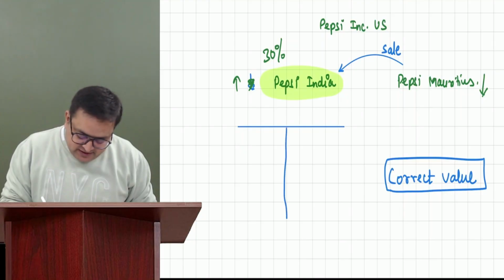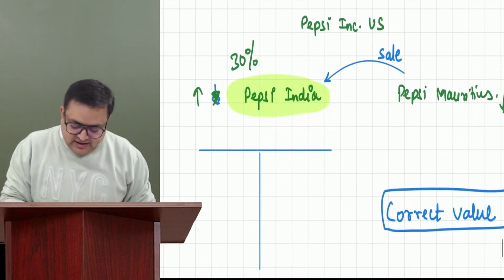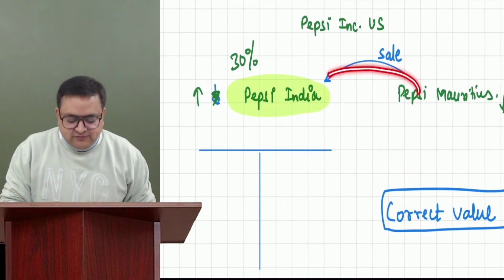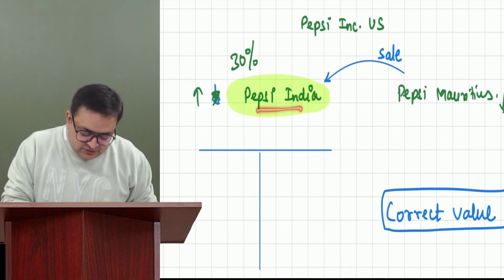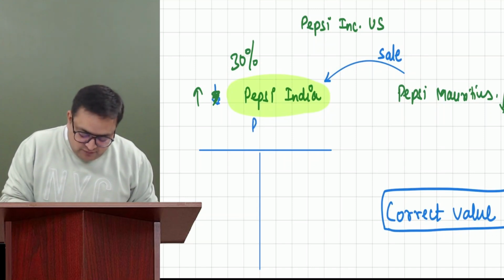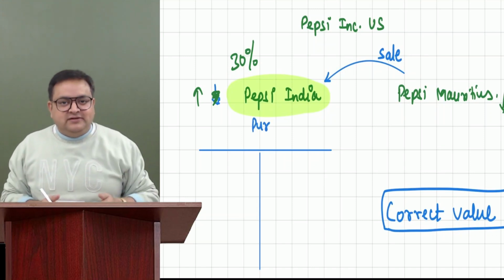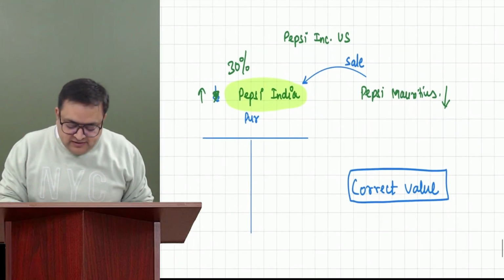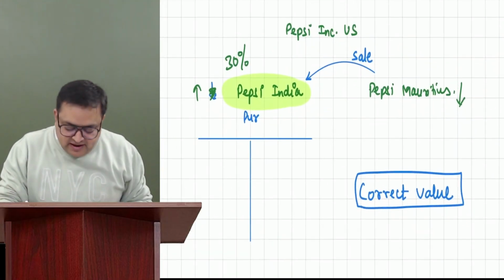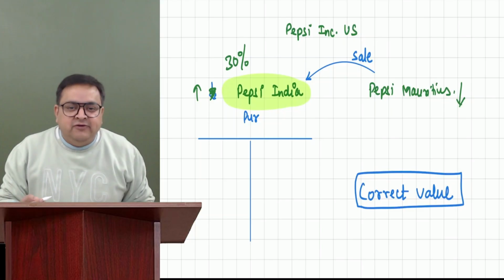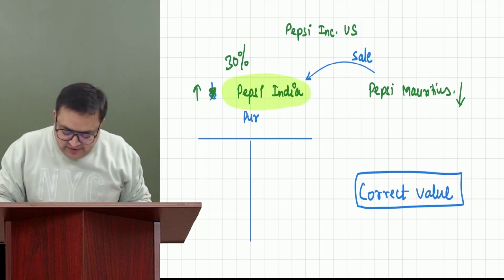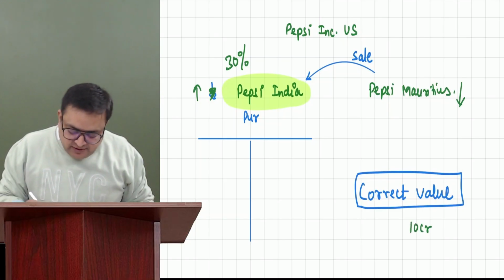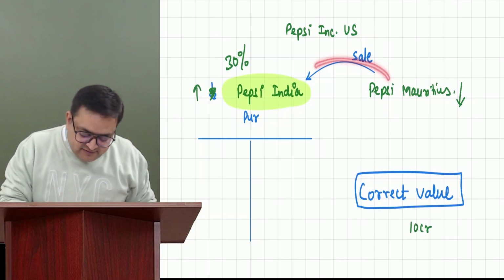Pepsi Mauritius is making a transaction of sale. So for us, actually, it is a purchase transaction, correct? For Mauritius, it was a sale, so for India, it is a purchase. What they were doing was not at a correct value. They were selling it at a higher value. For example, the correct price of a particular transaction should be, let's say, 10 crores. But what they were doing is they were actually transferring it at 50 crores.